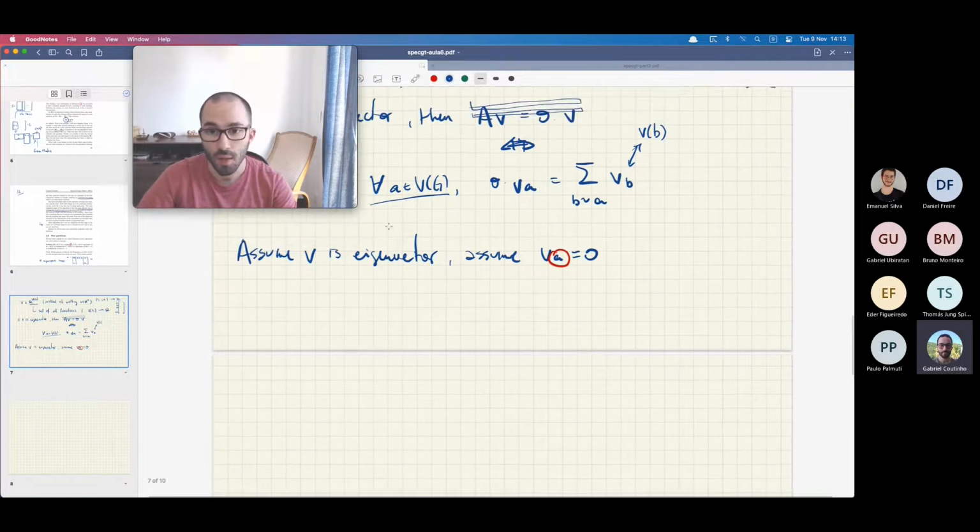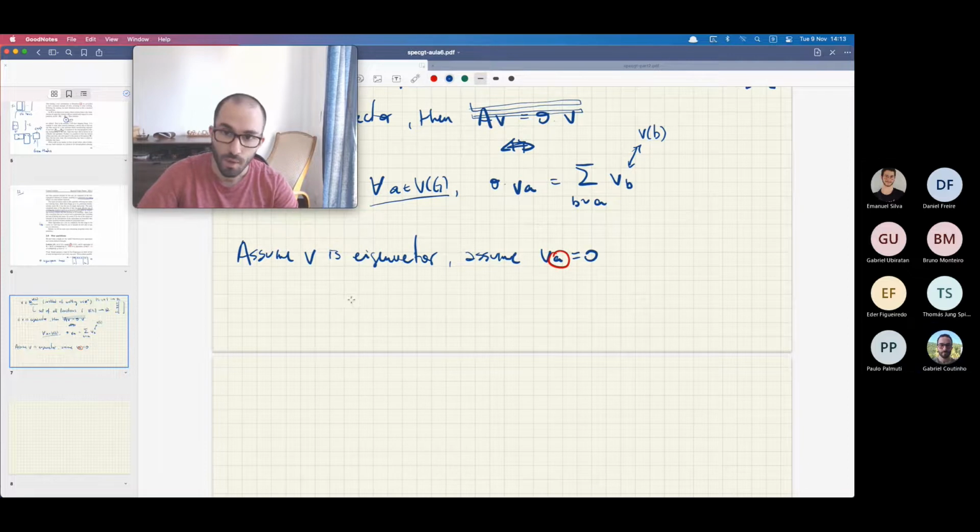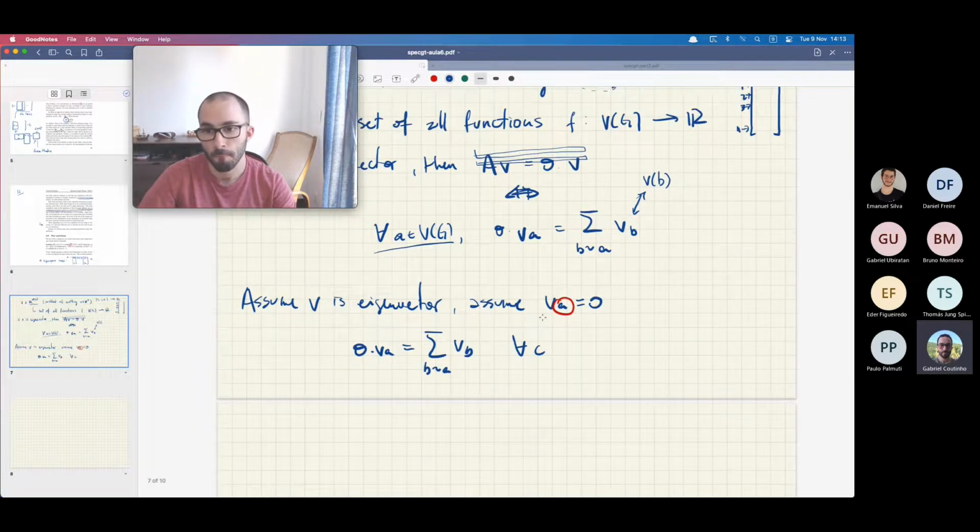So what we get is that theta times v_A is the sum of the neighbors of A, v_B, and also that for all C a vertex of the graph, we get theta times v_C, with C different than A, is equal to the sum over the neighbors B of C of v_B.